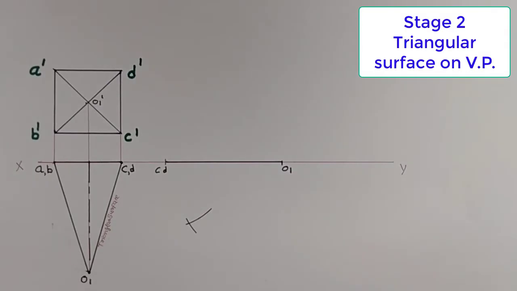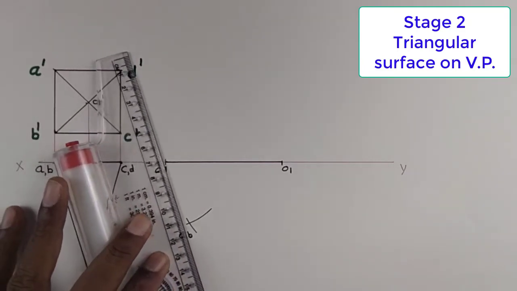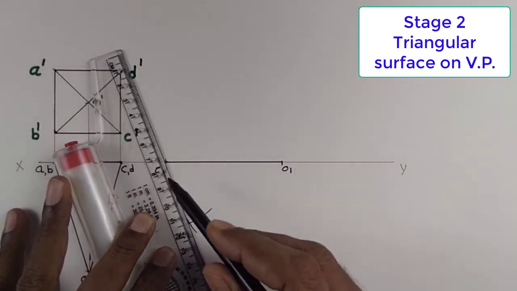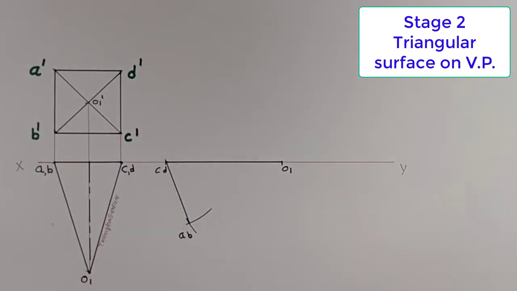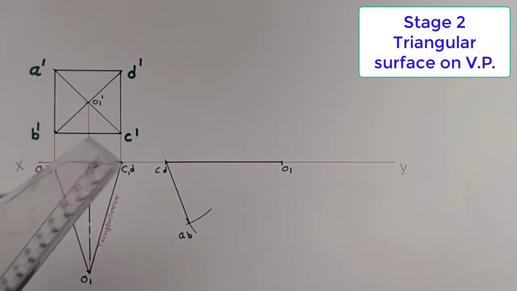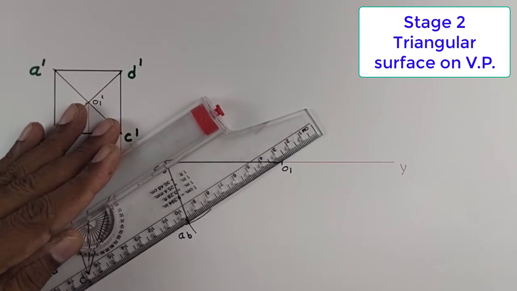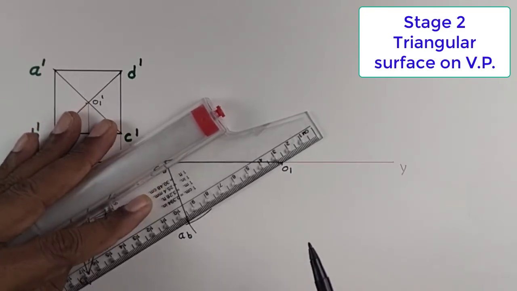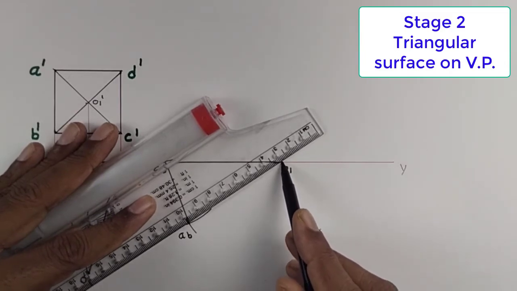The intersection of the arcs gives the position of AB. Now you can join your CDAB and the plan of slant is O1A and O1B.